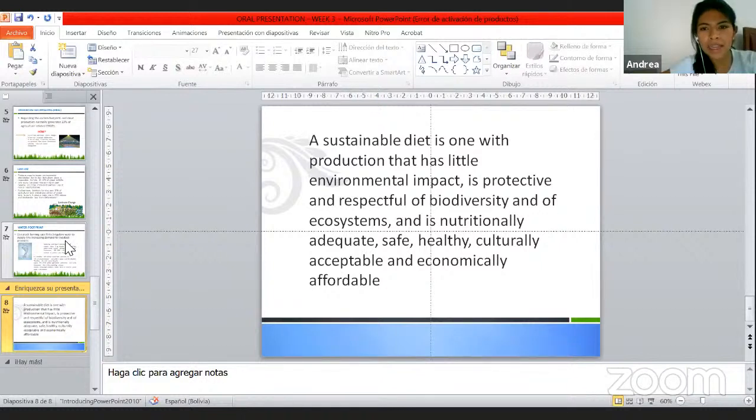A sustainable diet is one with production that has little environmental impact, is protective and respectful of biodiversity and of ecosystems, and is nutritionally adequate, safe, healthy, culturally acceptable, and economically affordable.